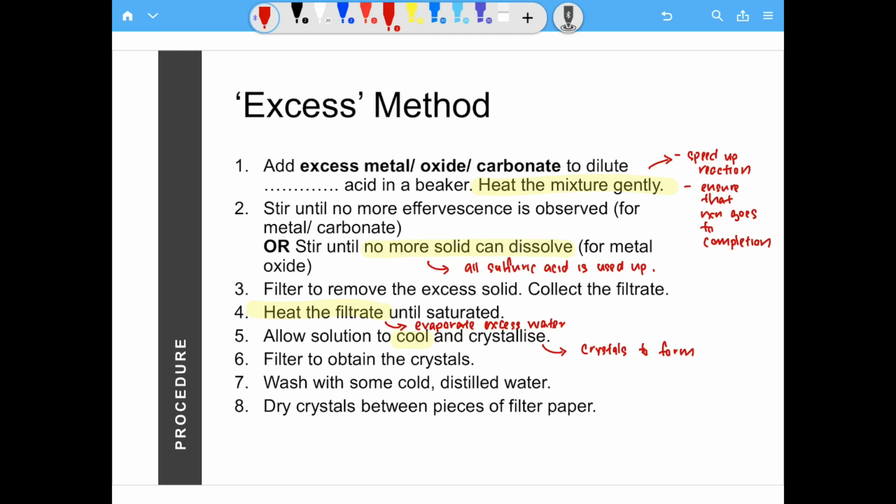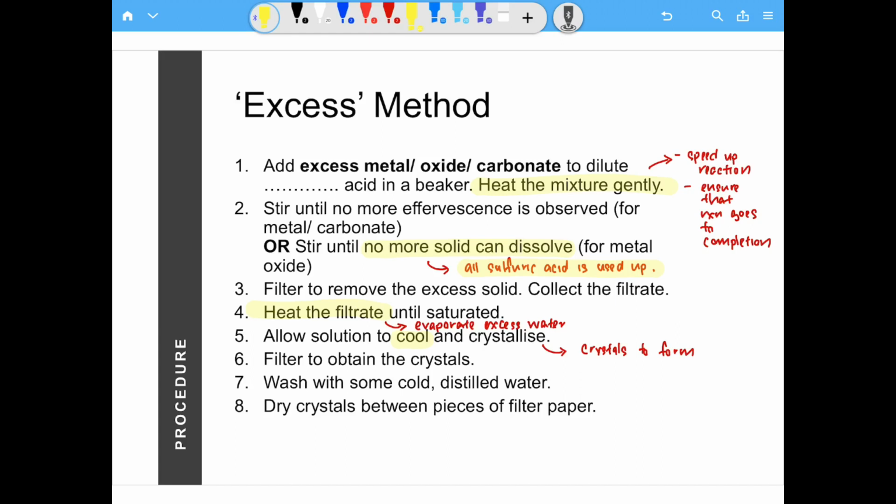There's another question that is more complex, which is why do we need to make sure that all the acid is used up? Why do we need to add an excess of the insoluble solid? Now the reason is this.